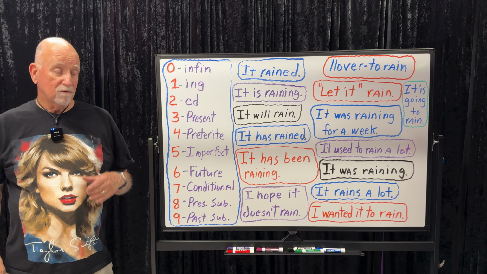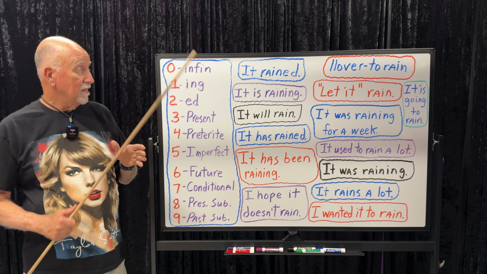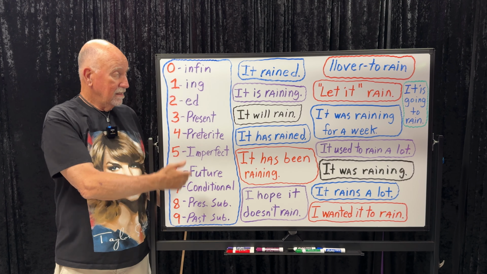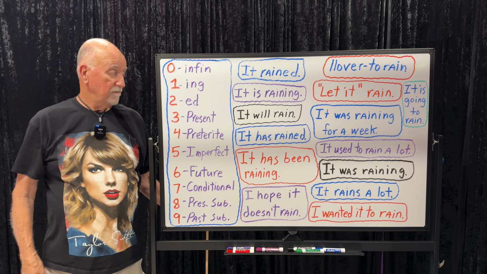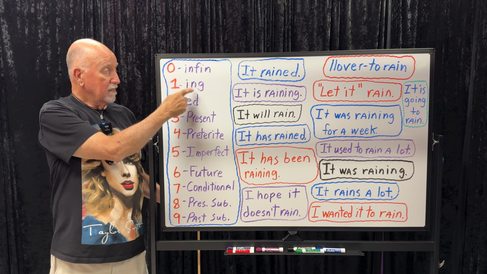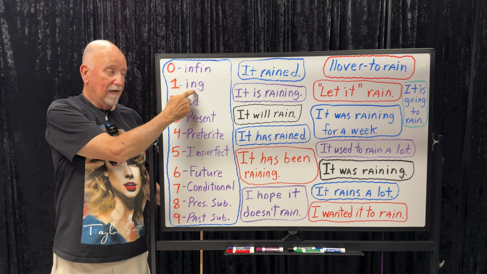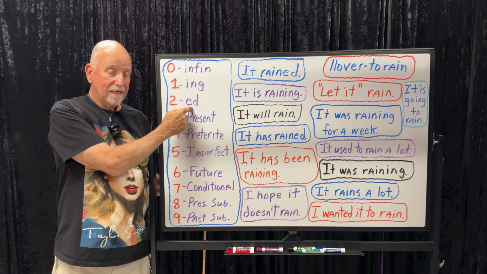Hopefully you can get half of these. If not, that's why we come back and practice. That's why we put up the piano keys, right? And we look at our 10 possible selections for whatever verb you're using in the Spanish language. The first 3 aren't verb tenses, 0, 1, and 2. It's the infinitive, the present participle, the ing, ando, yendo, and the past participle, ado, ido, which is ed in English.